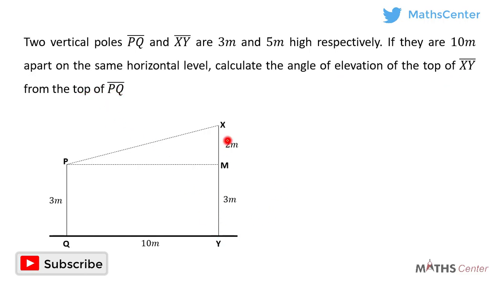The angle of elevation of the top of XY from the top of PQ will be the angle that someone will have to raise his eye level through if he's at the top of PQ, that is at point P, and he wants to see the top of XY, which is point X. So if we assume that someone is standing at point P and wants to look at point X, what will be that upward angle that he or she will have to raise his eyes through?